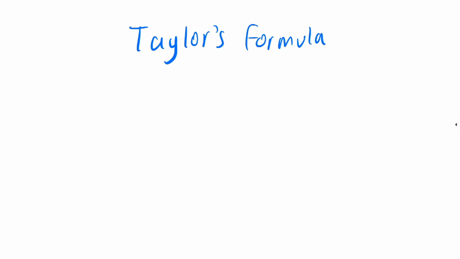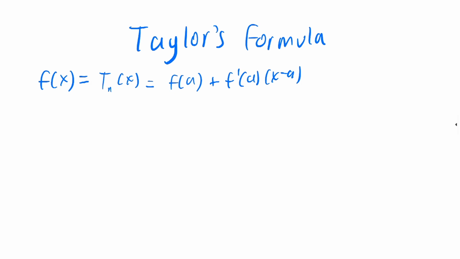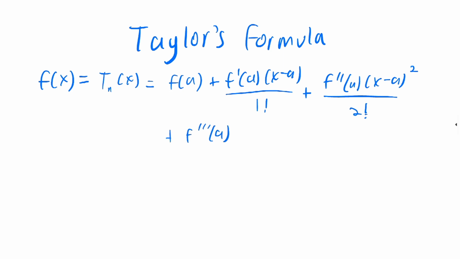So a function, let's say f of x, is equal to a Taylor polynomial of nth degree, which is also equal to f of a plus f prime of a times x minus a over 1 factorial, which is 1, plus f double prime of a times x minus a squared over 2 factorial, plus f triple prime of a times x minus a cubed over 3 factorial.